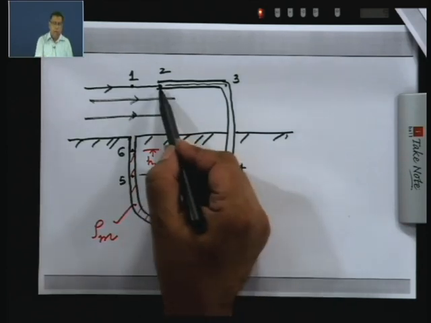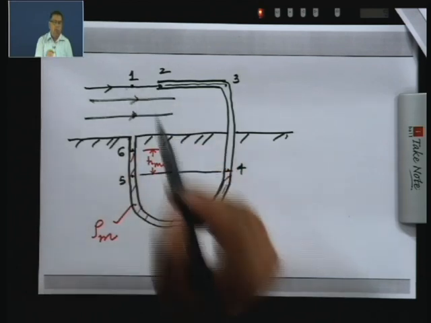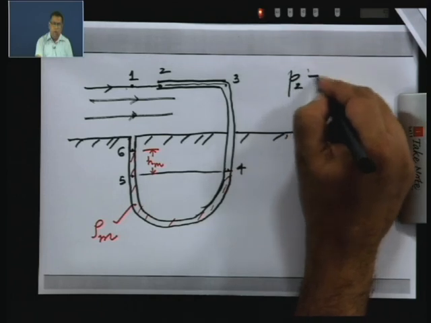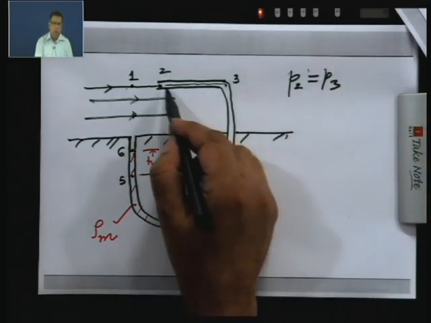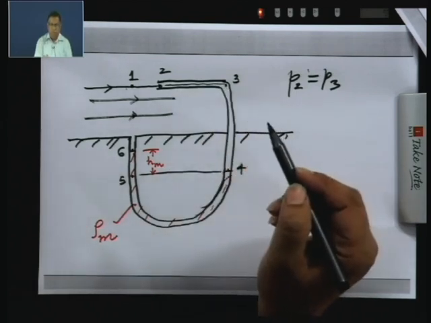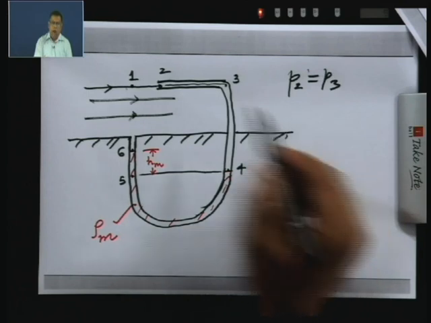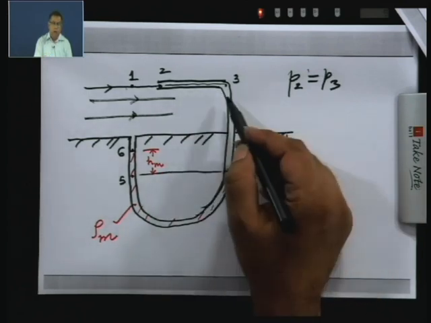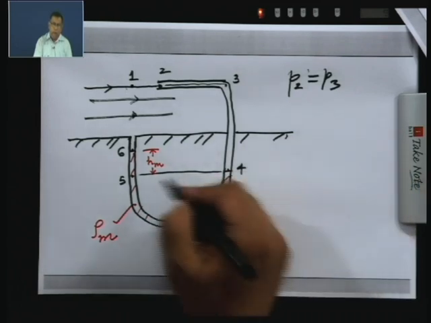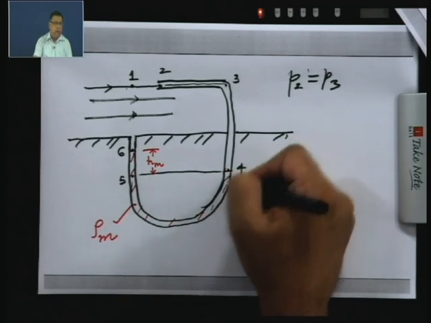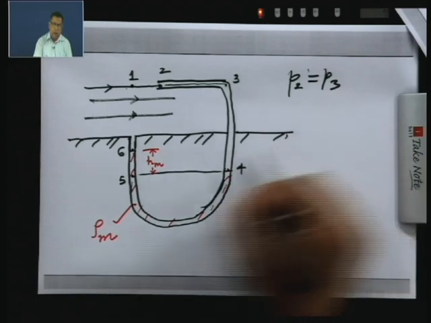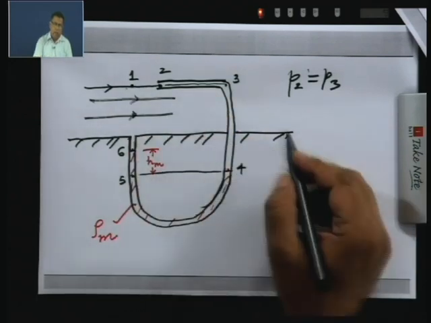Now, what we wanted was the difference in the pressure between 1 and 2. Now, I can see that P2 will be equal to P3, because the fluid is at rest in this tube, and this is a horizontal tube. Now, if you look at the pressure at 4, let us say, this column of liquid is at rest. So, P5 and P4 will be the same, and P5 is P6 plus this.